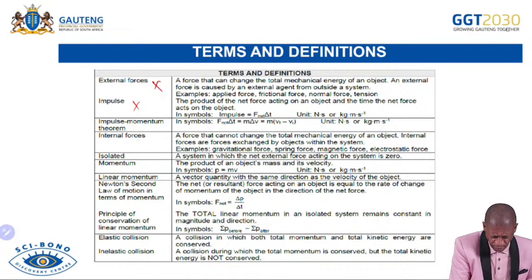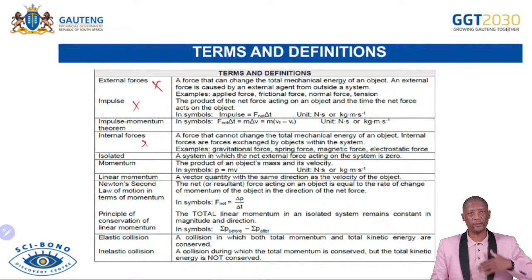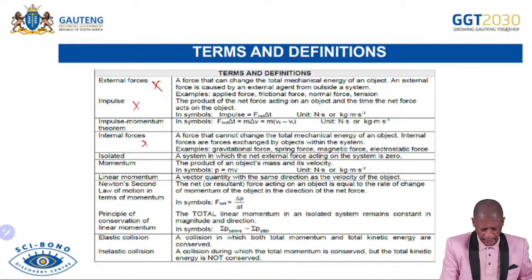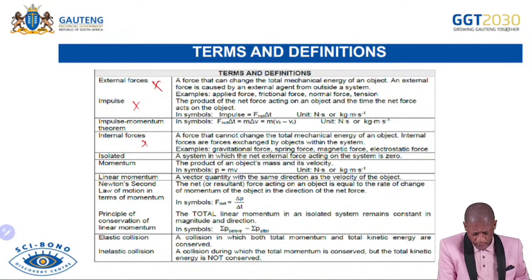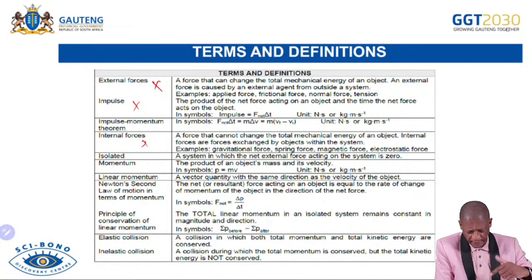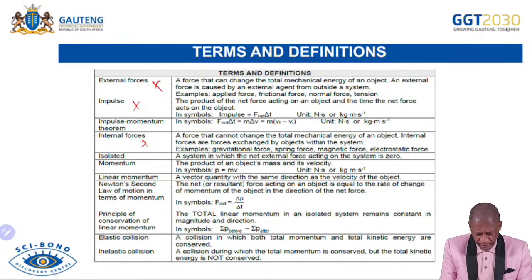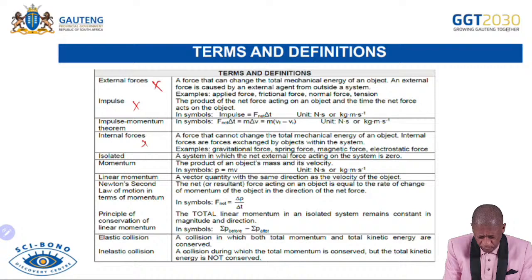Then the internal force. Remember, we spoke about the external. Now we are talking about the internal force: a force that cannot change the total mechanical energy of an object. Remember, the other one changes; this one cannot change, right? Internal forces are forces exchanged by objects within the system.